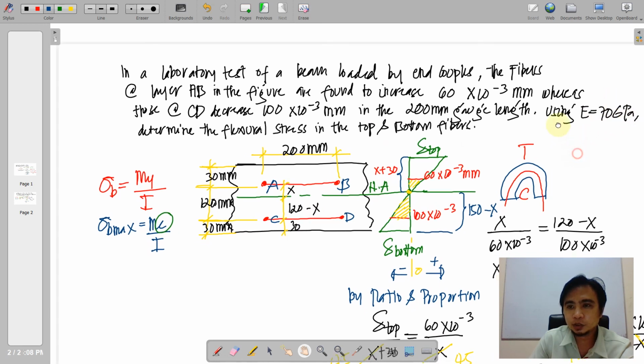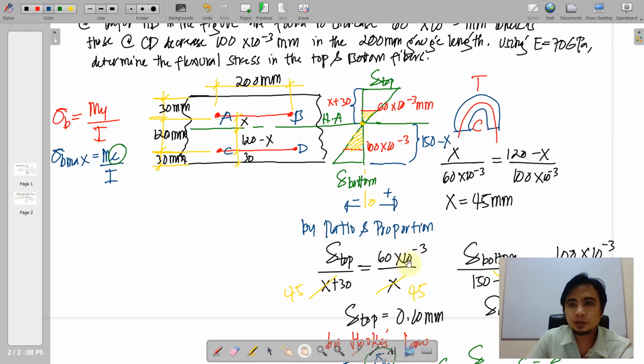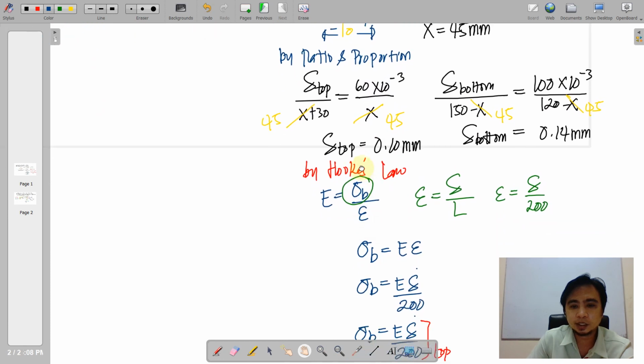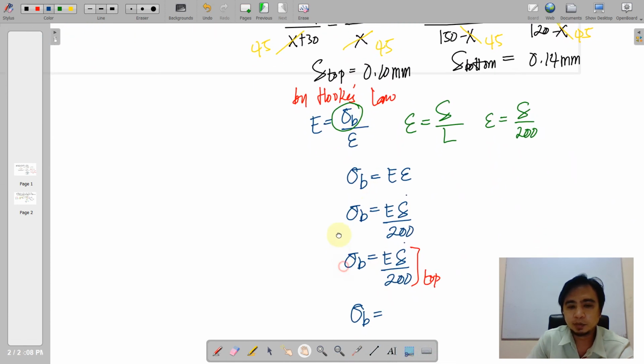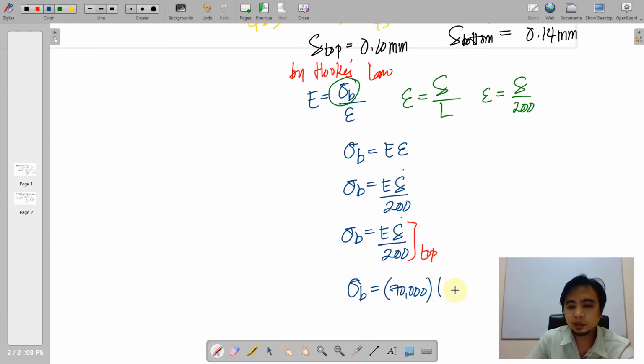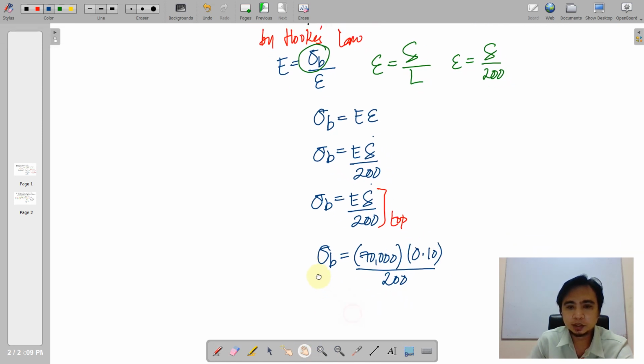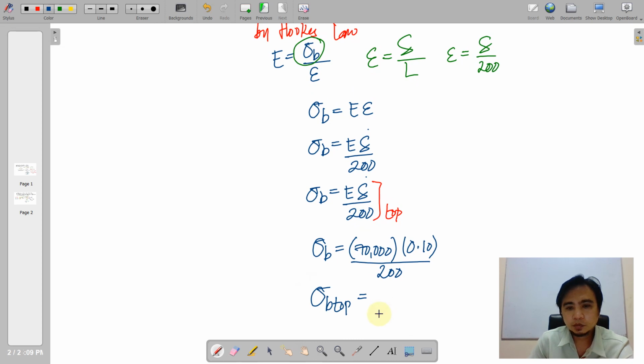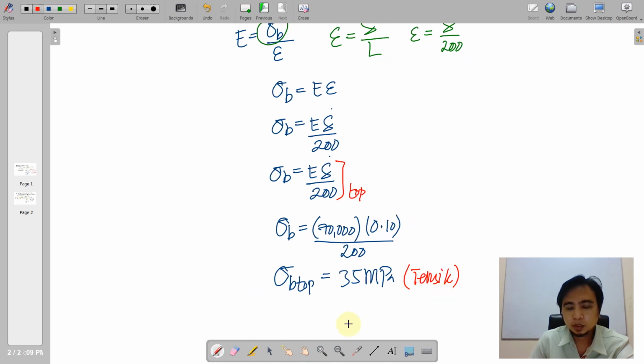So it is assumed to have 70 gigapascal, or that is actually 70,000 megapascal. So we place it there with the delta on top. So 200 here is the original length. Therefore, flexural stress on top is 35 megapascal, wherein this is actually in the tensile zone.